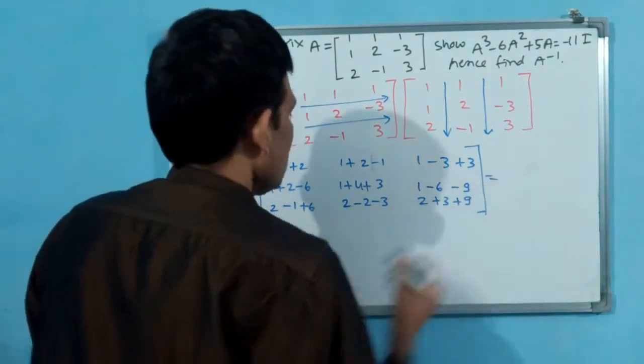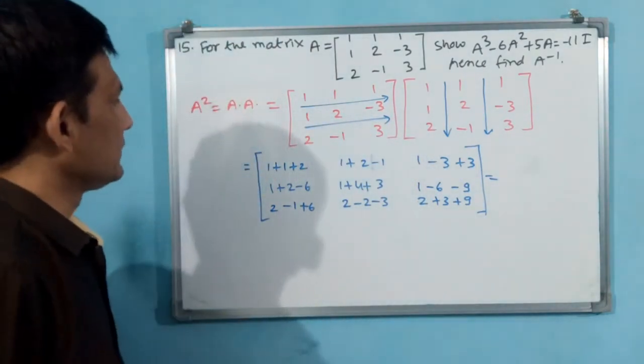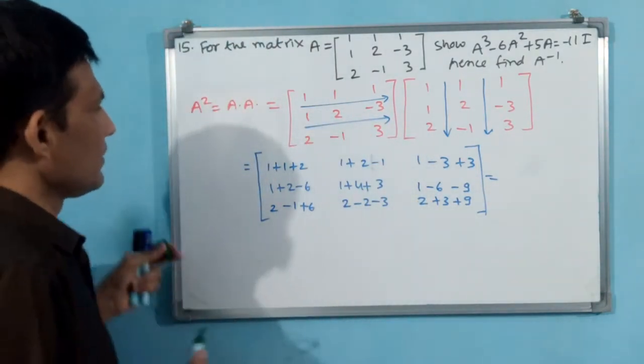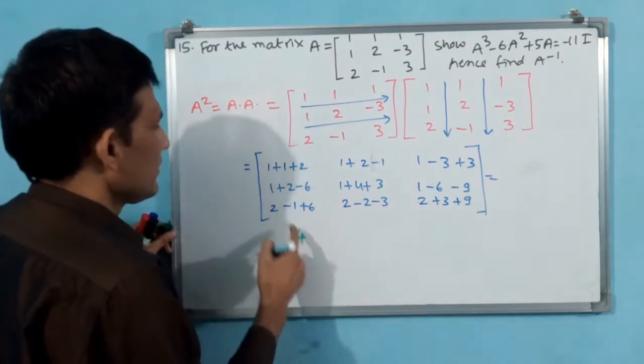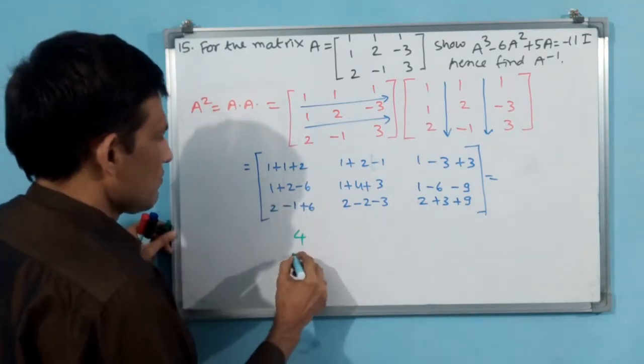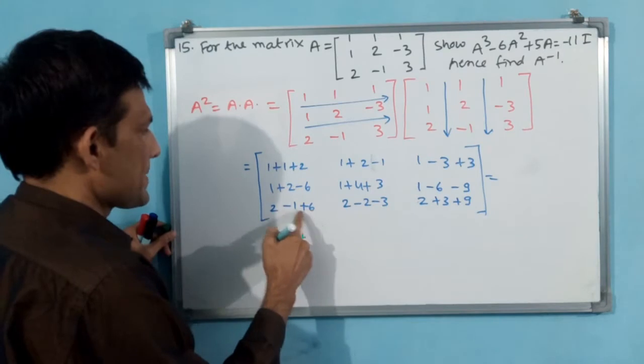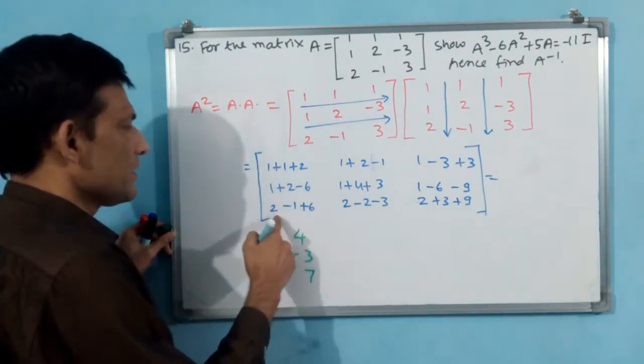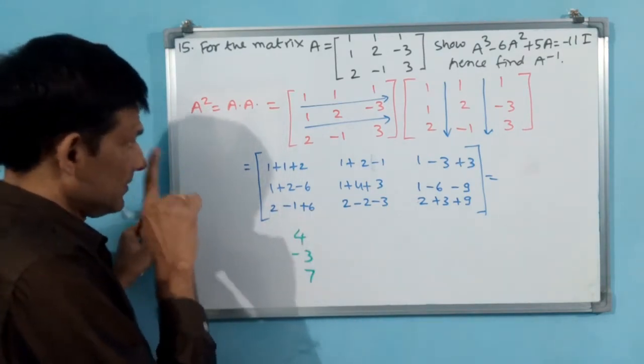Now see what is going to come: 4, minus 3, 7. Is it okay? 8 minus 1, 7.